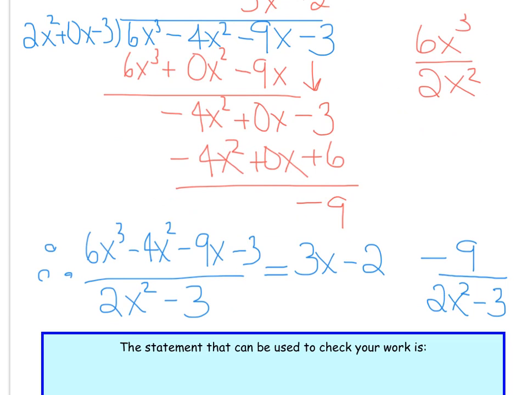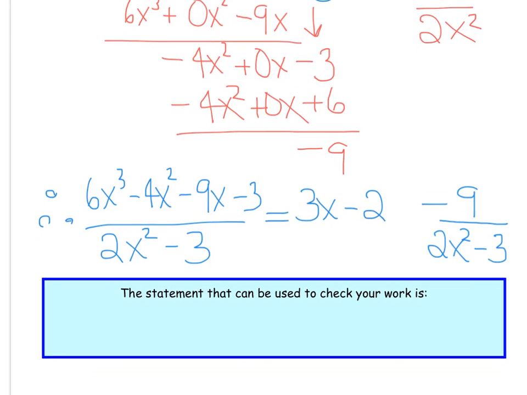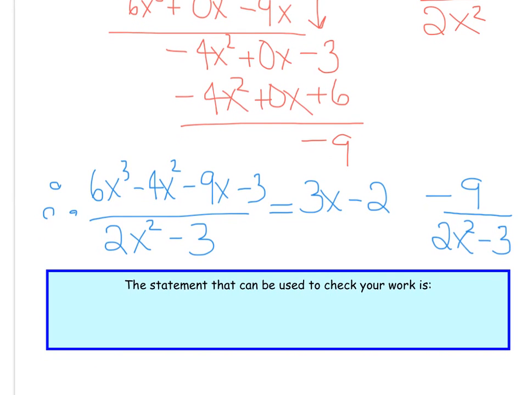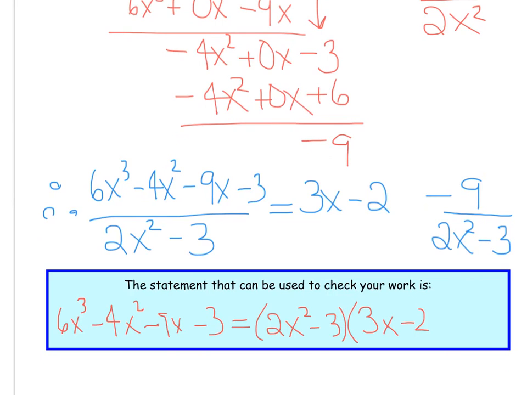There is a statement that can be used to check our work, as you can see right here. So I also want you to think about here that this all means that our dividend, 6x cubed minus 4x squared minus 9x minus 3, equals our divisor, 2x squared minus 3, times our quotient, 3x minus 2, plus our remainder, which in this case is negative 9.